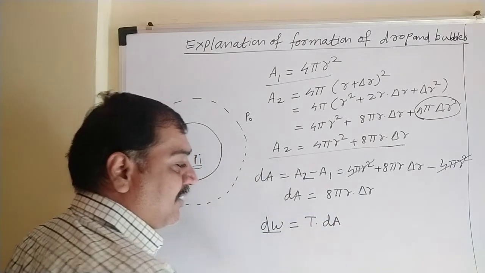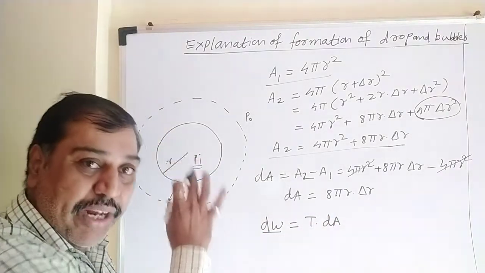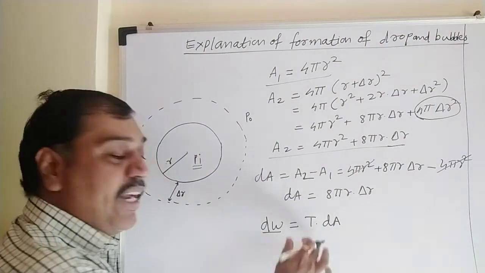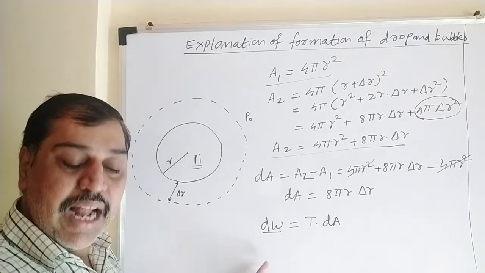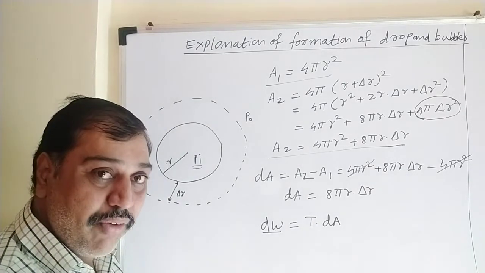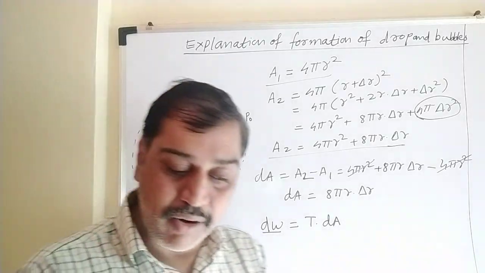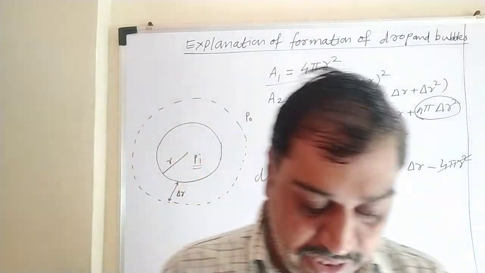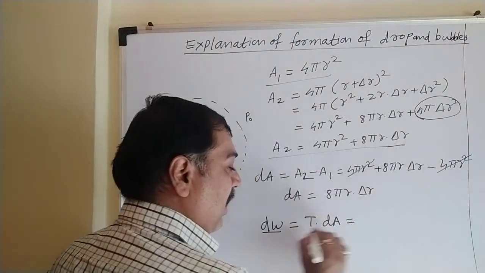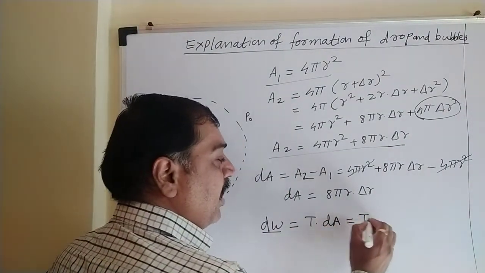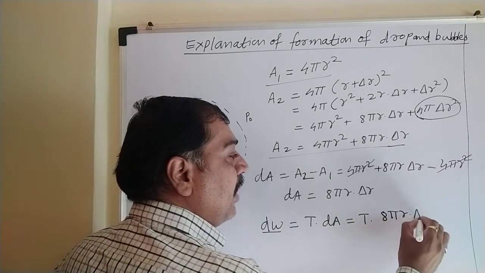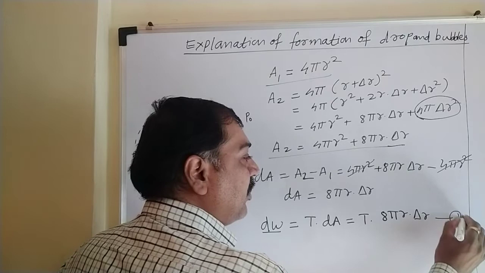This work done we have applied by blowing pressure to increase the dimension of the drop, and this dW will be stored in the form of surface energy. So put the value of dA here: dW equals T into 8 pi r into delta r. Suppose this is equation 1.